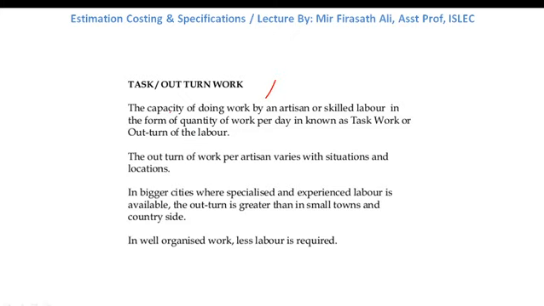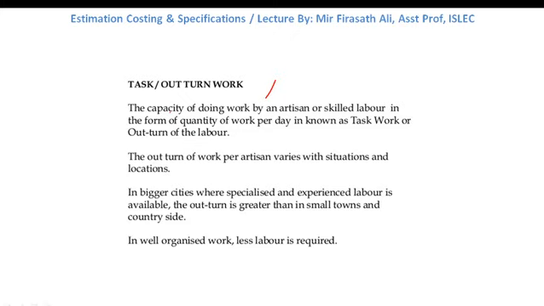For example, in one day he will lay about 0.4 meter cube of brickwork, or in one day he will lay about 0.3 meter cube of concrete. So his energy, his capacity to do work, is converted into our general civil engineering terms, such as the quantity of bricks laid.